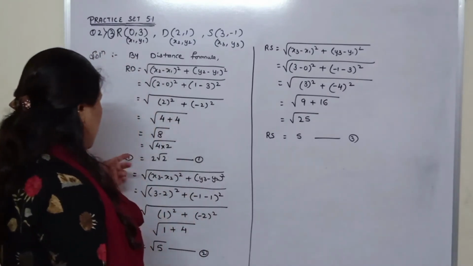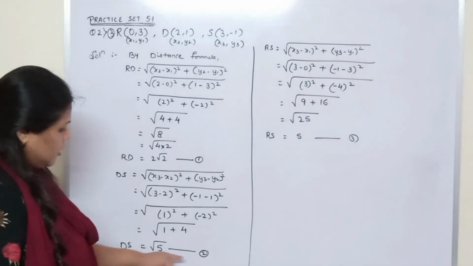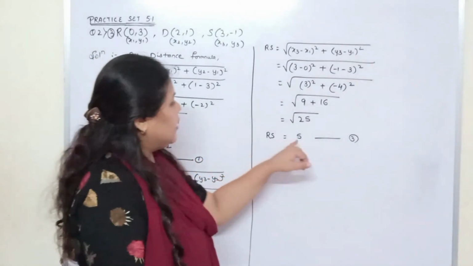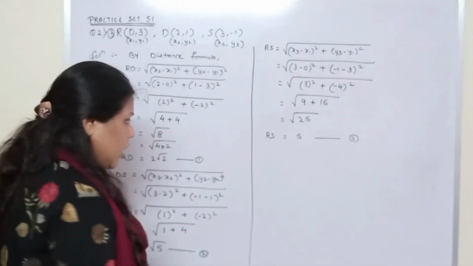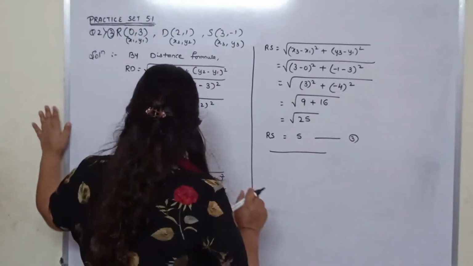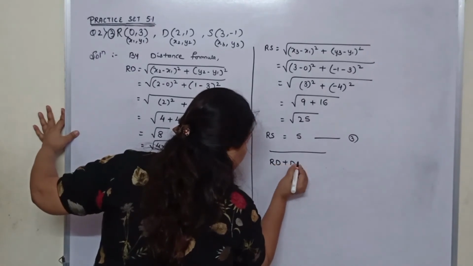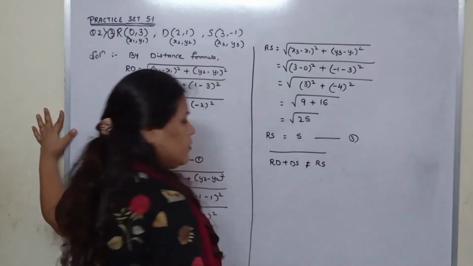Now if you check, equation 1 is 2 root 2, DS in equation 2 is root 5, and equation 3 is 5. It means what? From equation 1, 2 and 3, you can write this: RD plus DS is not equal to RS.